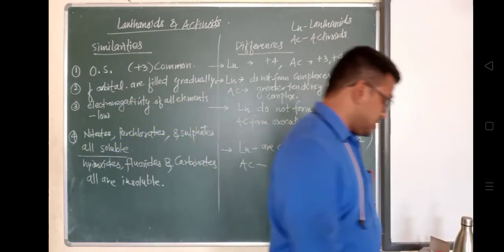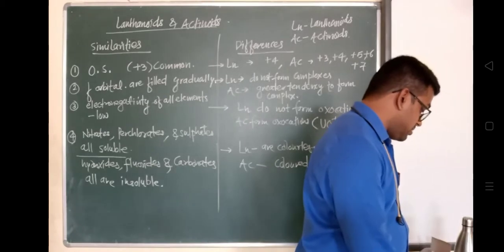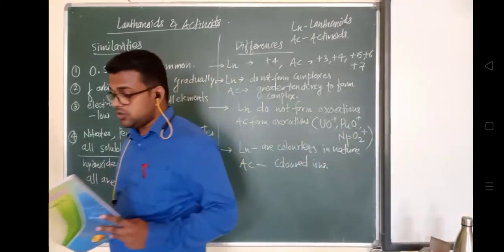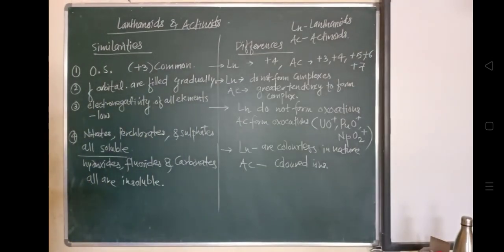Now, the next important topic is post-actinoid elements. What is the meaning of post-actinoid elements? Post means after actinoids. The elements which are present after actinoids will be called post-actinoid elements.